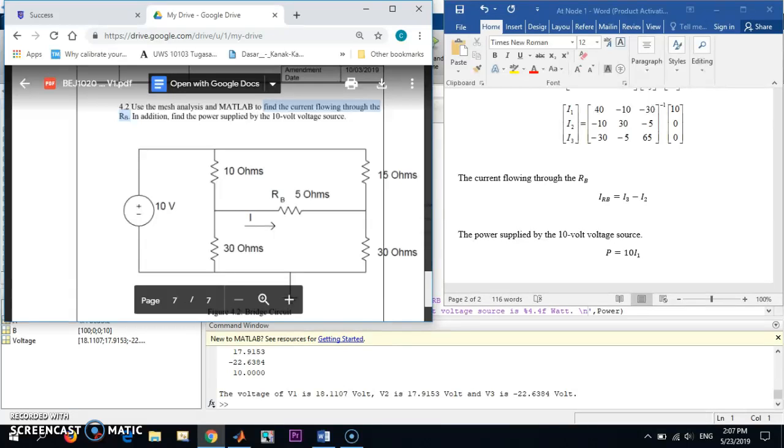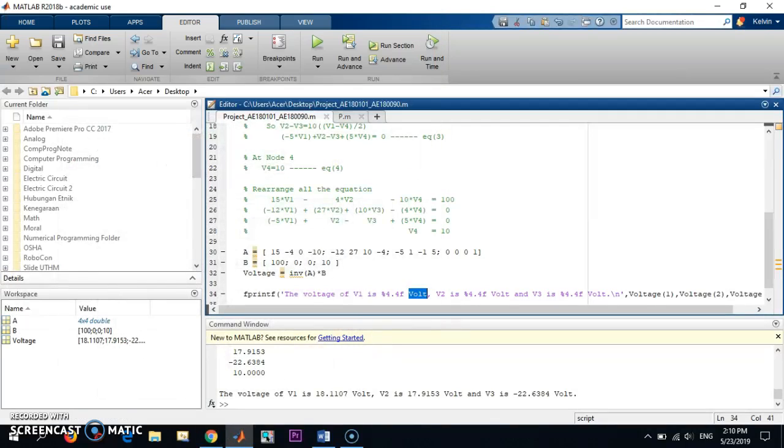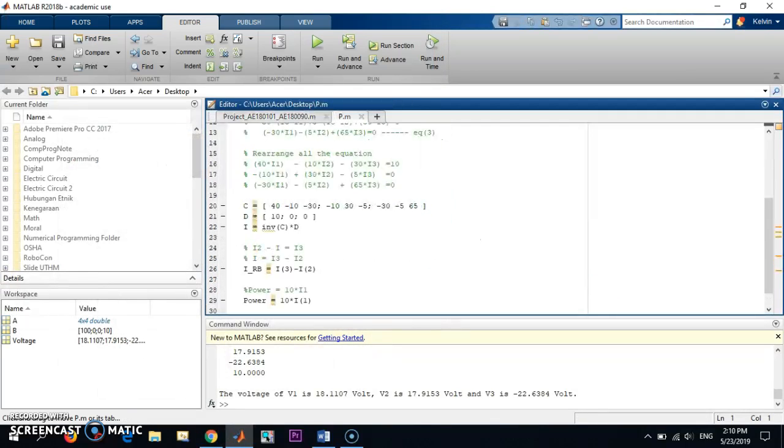So we look at our MATLAB code. The C is 40, -10, -30. The second row is -10, 30, -5. The third row is -30, -5 and 65.